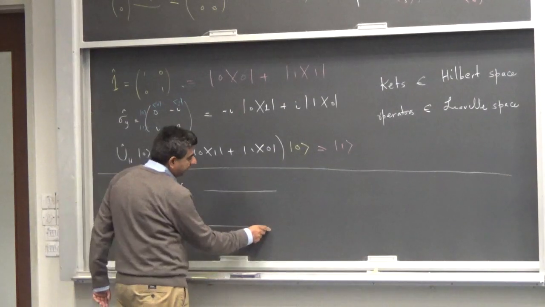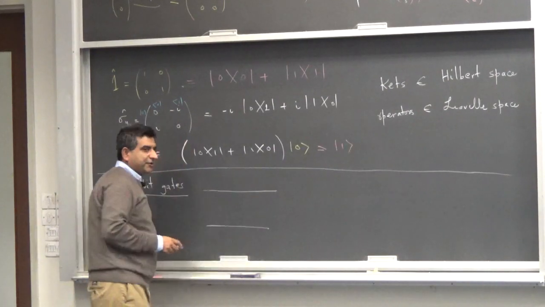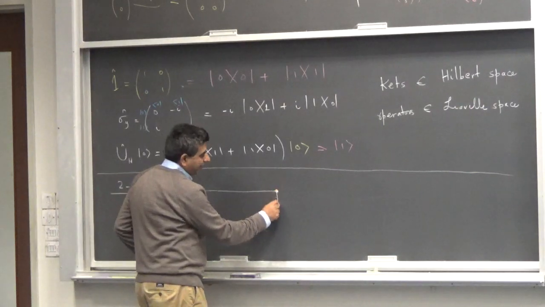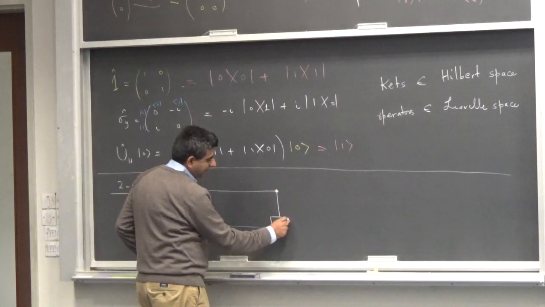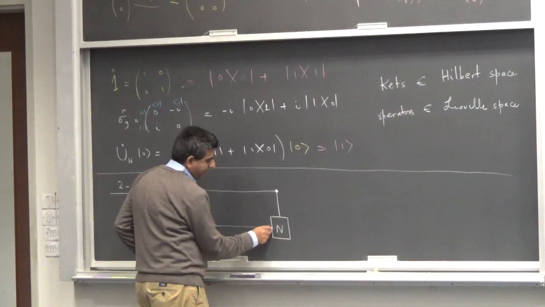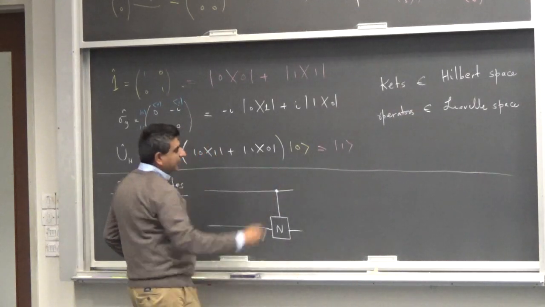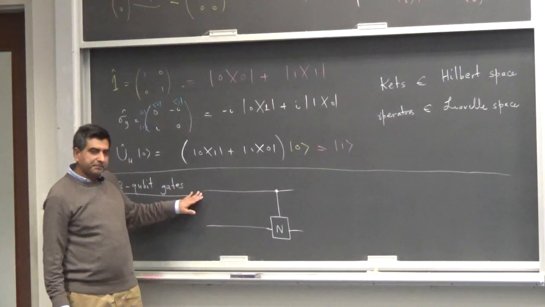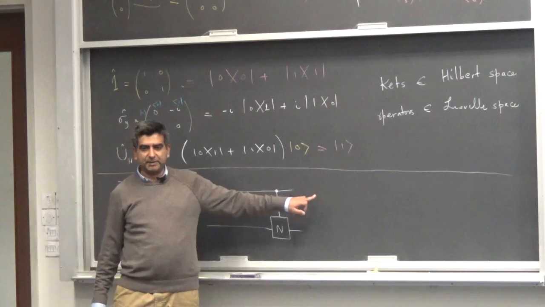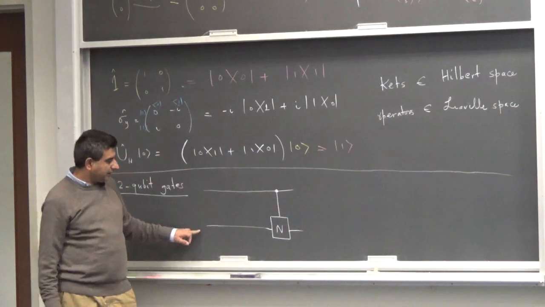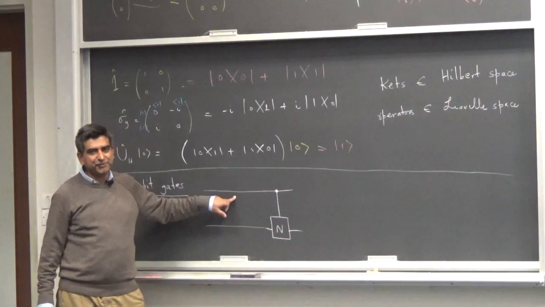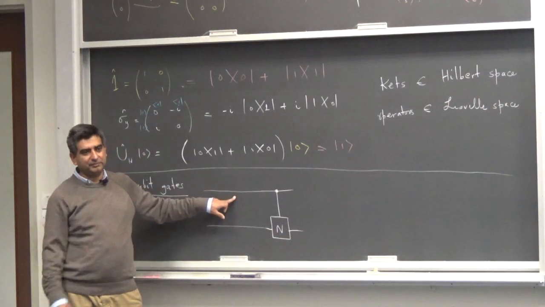And the kind of operation I would like to do is a controlled NOT gate, which really means the following. Nothing happens to the first qubit, it just passes straight through, but the second qubit sees a NOT gate if the first qubit is in a particular state.